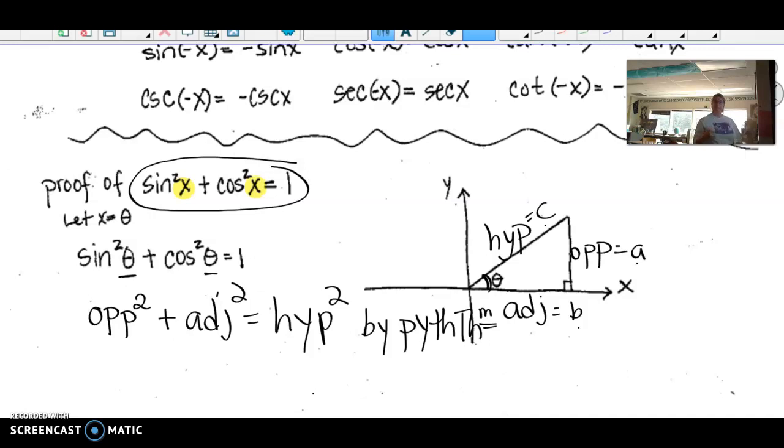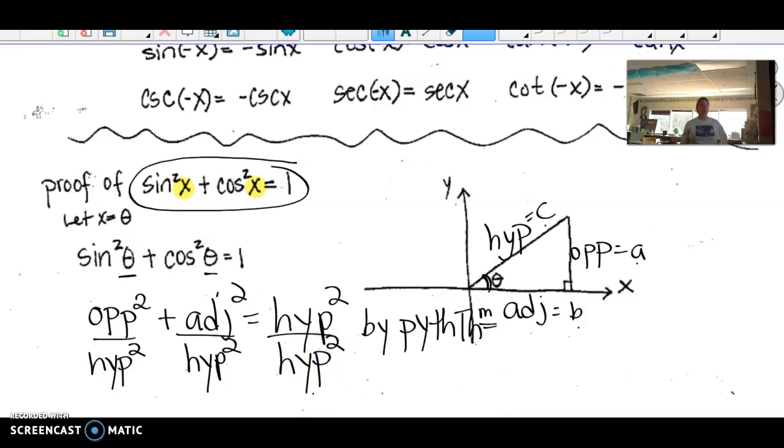Okay, the next step that I'm going to take is I'm going to divide each of these by the hypotenuse squared, which is just a property of algebra. We can divide or multiply or add or subtract the same thing as long as you do the same thing to both sides of an equation.